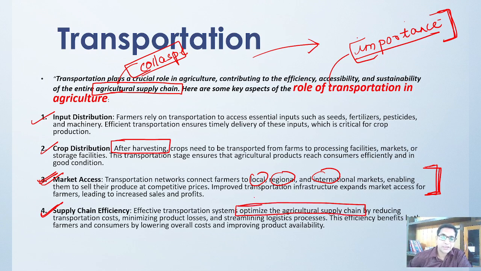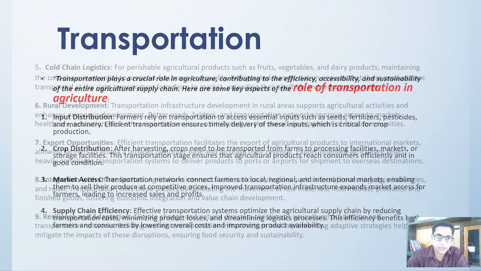It is not the case that a product lies for 10 days; with good transportation, anytime you want your product to reach a certain place, transportation is available. Because of proper connectivity, you can minimize losses, costs are reduced, and the process is streamlined.